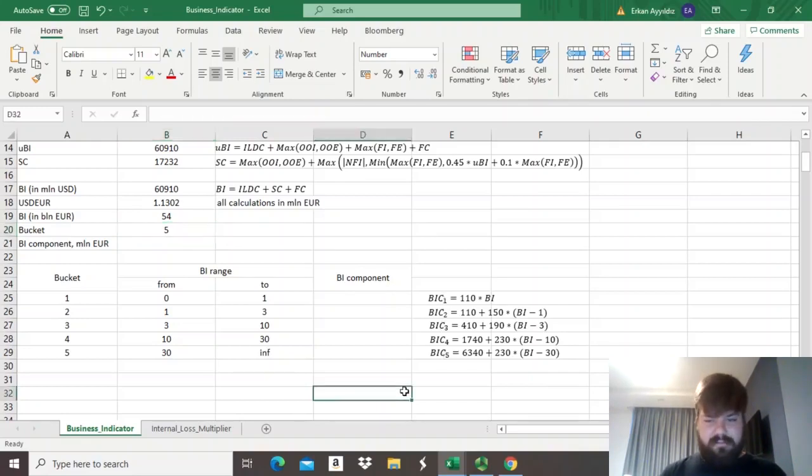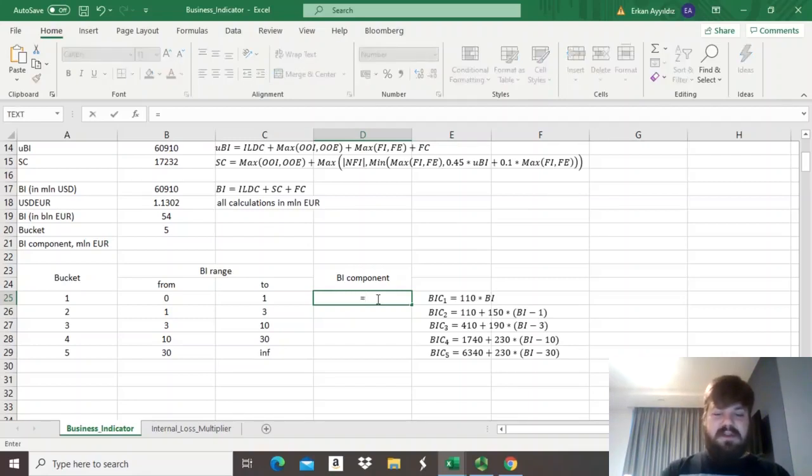These are the 5 formulas that determine the business indicator component in million euros given a certain value of the business indicator itself. So if we fall within the first bucket, then our business indicator component is just 110 times the business indicator.